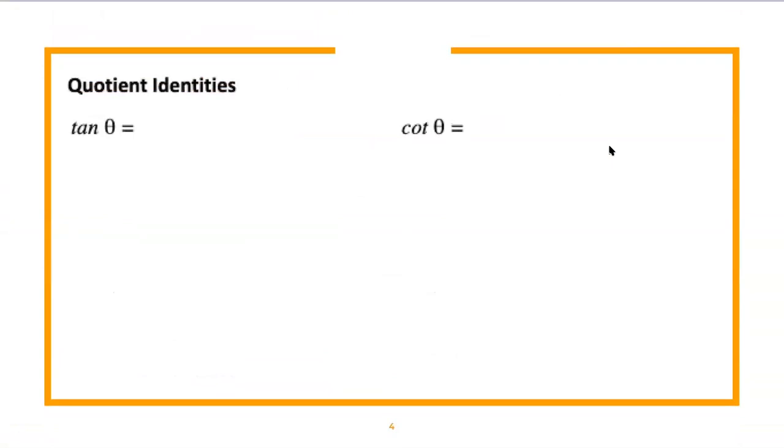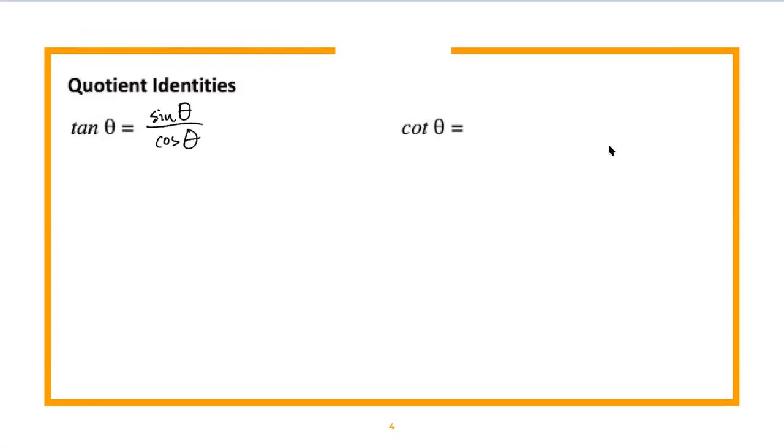Next up, we have something called quotient identities. All right. And quotient identities are similar to reciprocal identities in the sense that sometimes they're so foundational that we forget that it's actually a thing. So for example, yesterday we learned that tangent was sine over cosine.